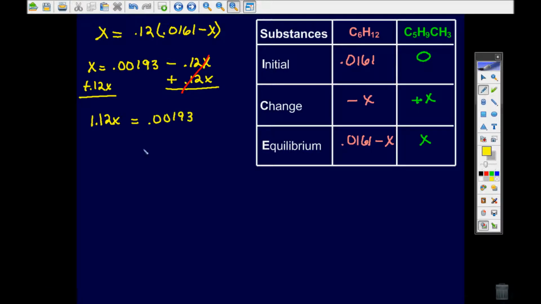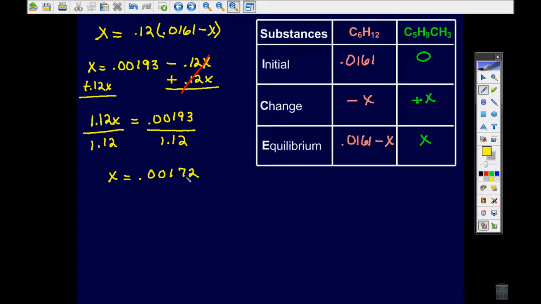And so now to solve for x, I'm going to divide both sides by 1.12. And I get x equal to 0.00172.